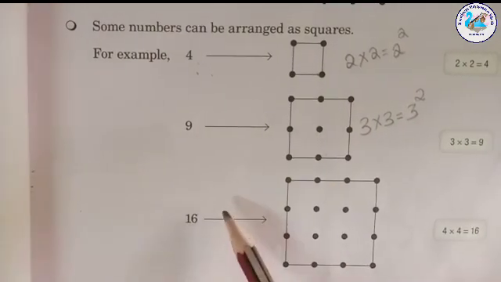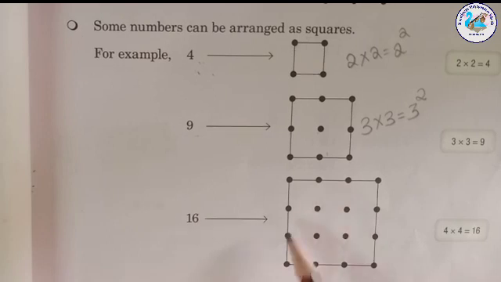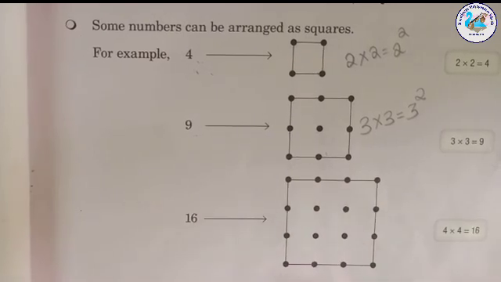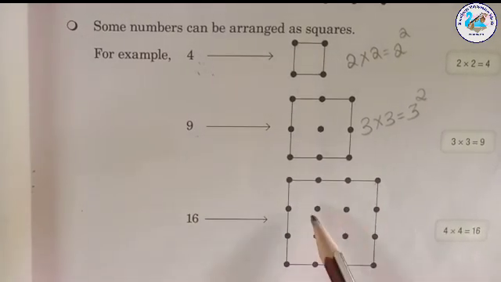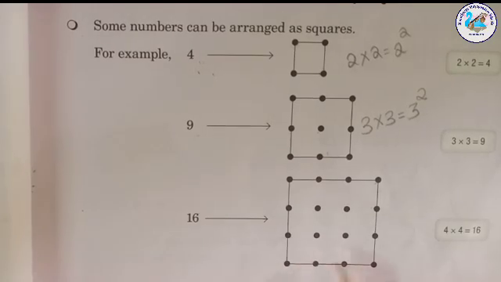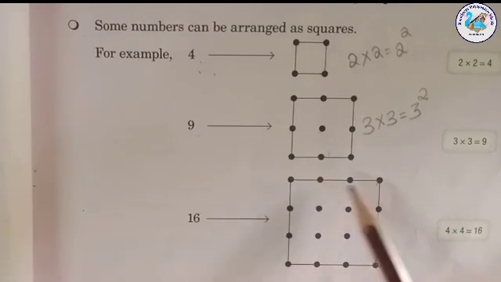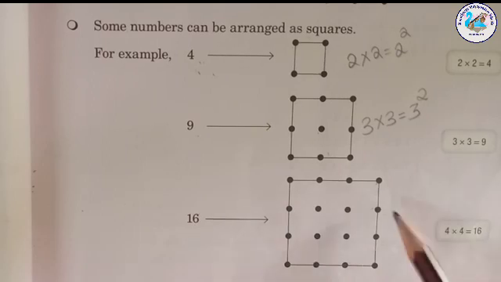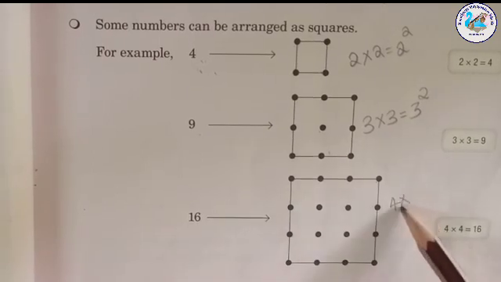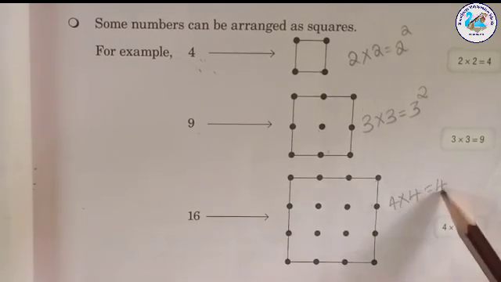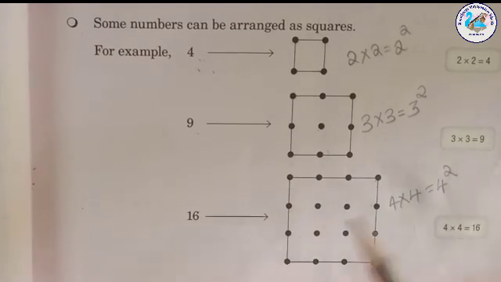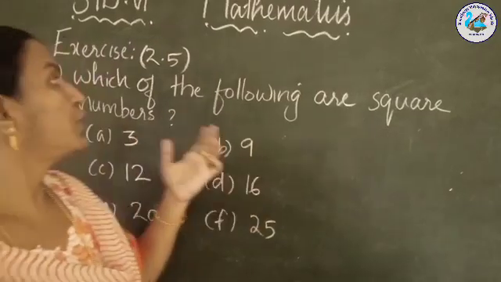Number 16 can be arranged as a square using 16 dots. That is 4 multiplied by 4, which is 4 square, and 4 square is 16.